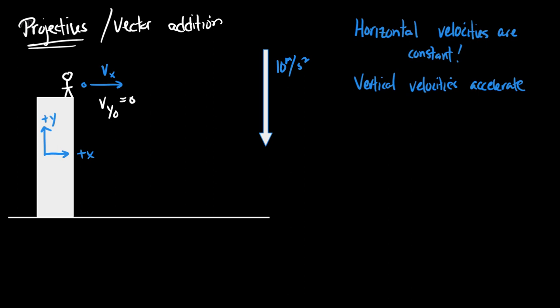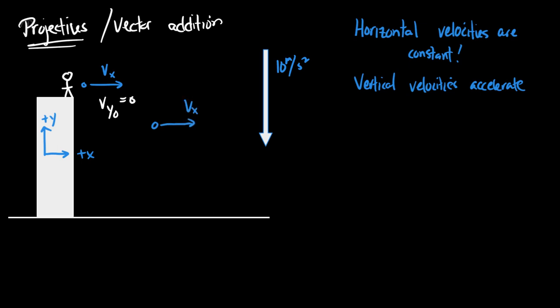Now, one of these is going to change, and one of them isn't. Clearly, the vertical one is the one that's going to change because gravity pulls it downwards. So after a moment, I think we can all agree the ball's probably going to be over here someplace. It's still moving sideways. It still has Vx. Vx hasn't changed.